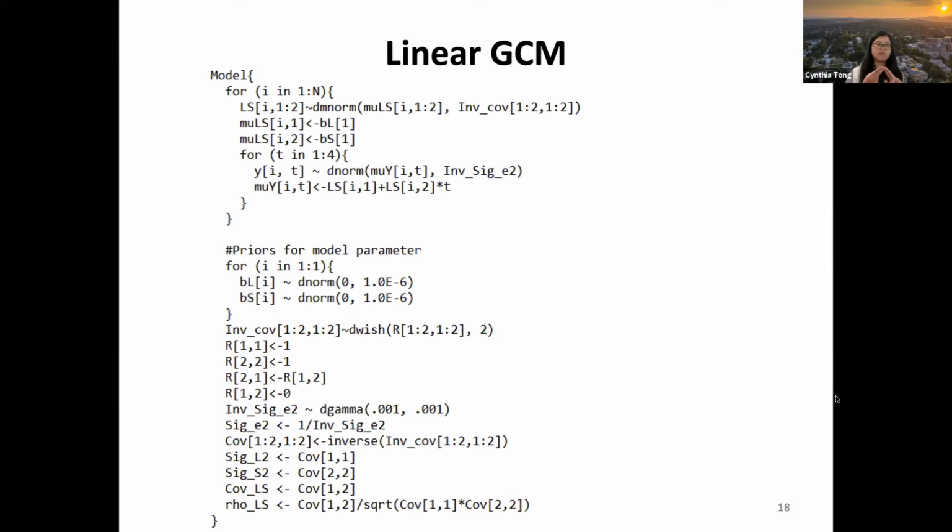The second, you have to have your initial values and your data set. So basically these 3 parts, and then you compile them and run, and JAGS will help you analyze your model and estimate all the parameters.